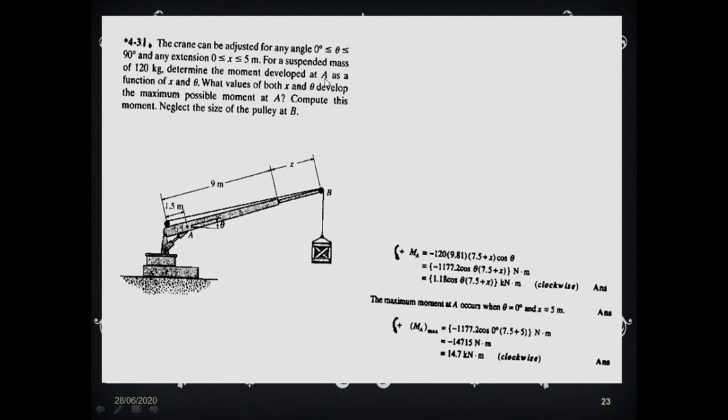Determine the moment developed at A as a function of x and theta. What value of both x and theta develop the maximum possible moment at A? Compute this possible moment. Neglect the size of the pulley at B.